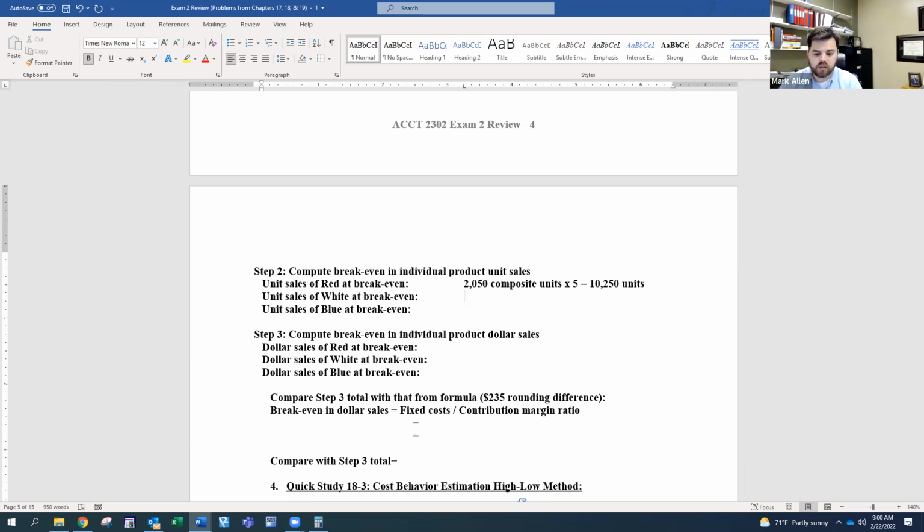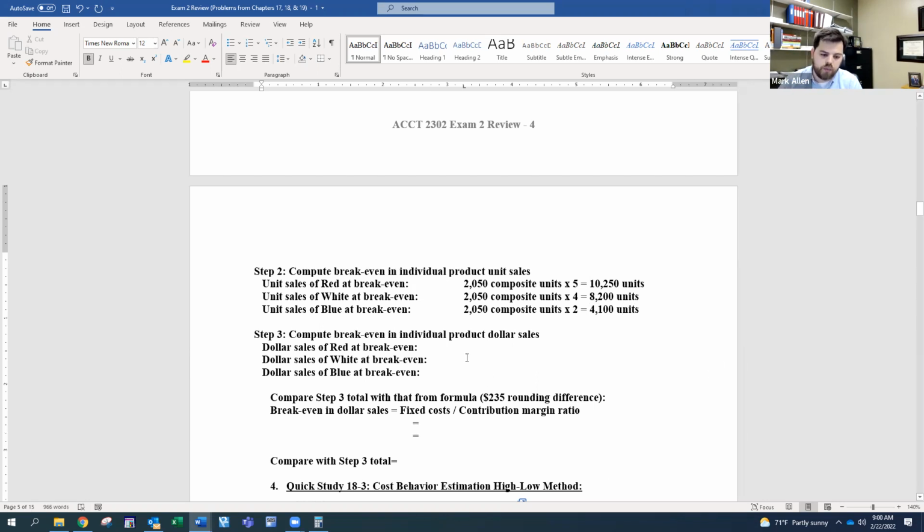For the unit sales of white, this will be 2,050 composite units times 4, and that will come out to be 8,200 units. And here we have 2,050 composite units still times, and of course, we sell 2 units of blue each time. So that's going to be 4,100 units.